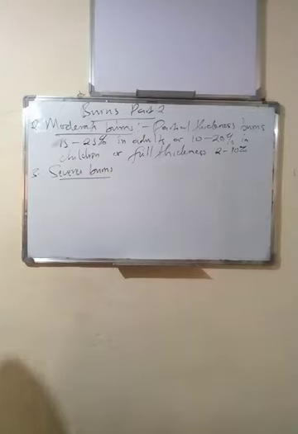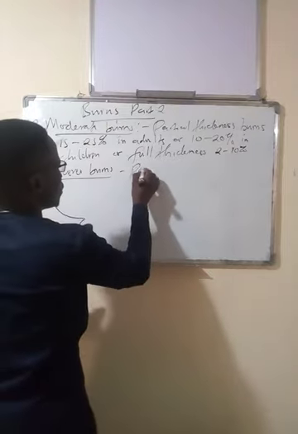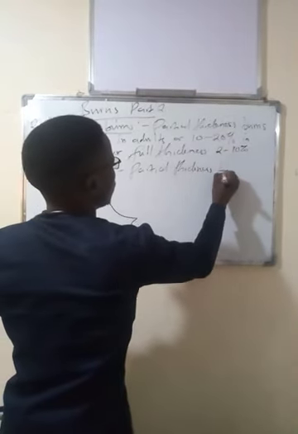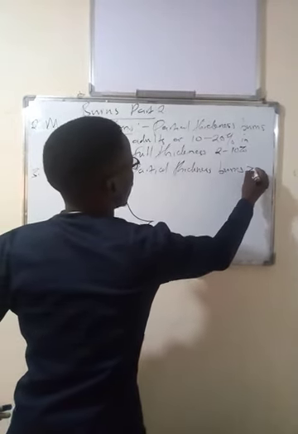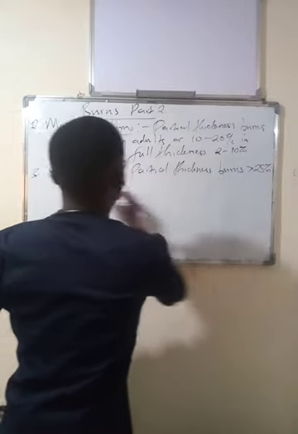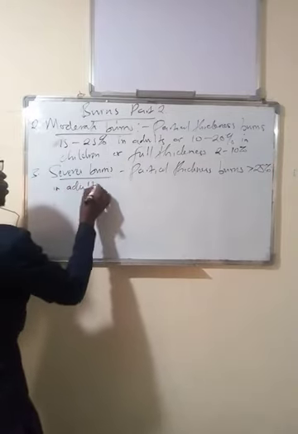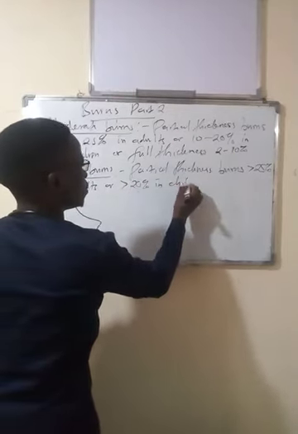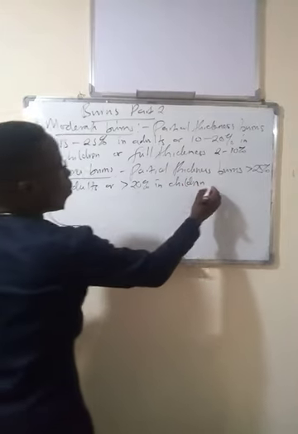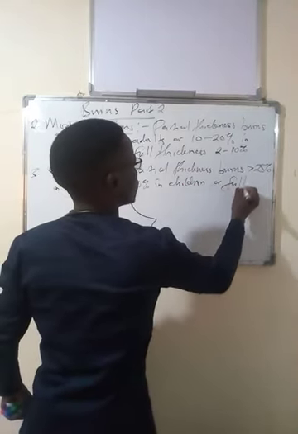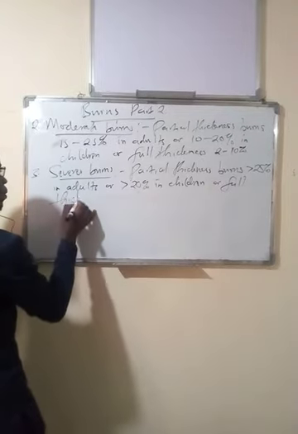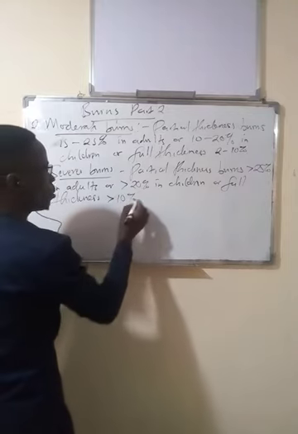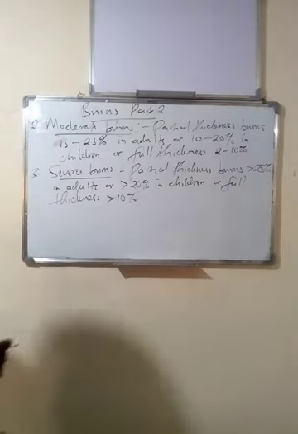In this case, we're looking at partial thickness burns greater than 25% in adults or greater than 20% in children, or full thickness burns greater than 10%.